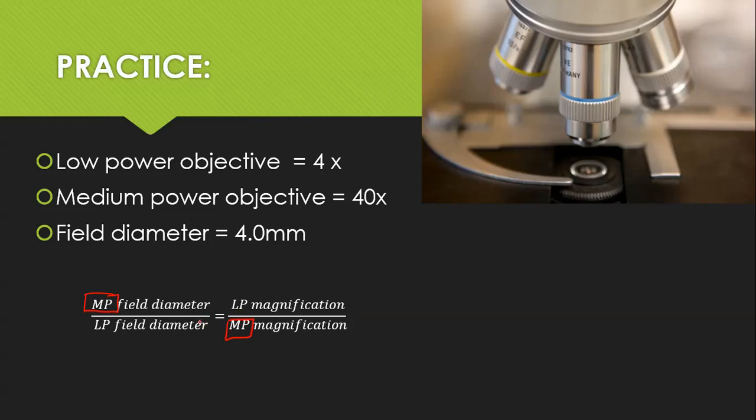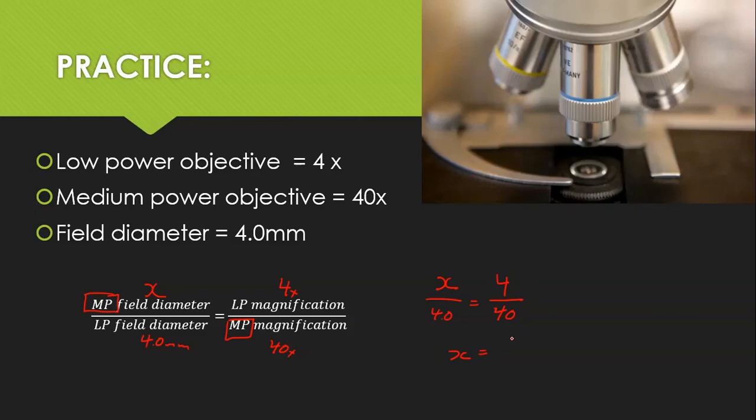It's just a ratio. So again, I'm looking for the medium power field diameter. That's my X. Low power field diameter is 4.0 millimeters. Low power magnification is 4 times. Medium power magnification is 40 times. So X over 4.0 is equal to 4 over 40.